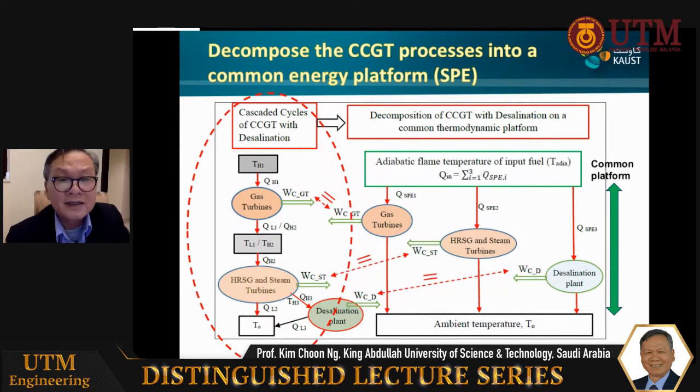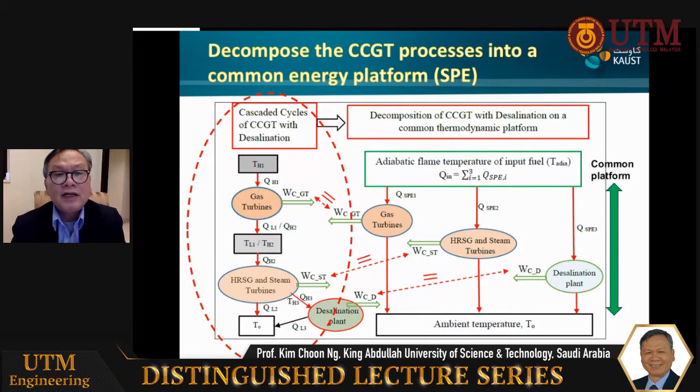So for these cascaded cycles, we can decompose the CCGT cycles into a common platform, where we use the adiabatic flame temperature of the input fuel to represent the heat source, the highest heat source temperature that a fuel can provide when the fuel is burned in excess air in the combustor.